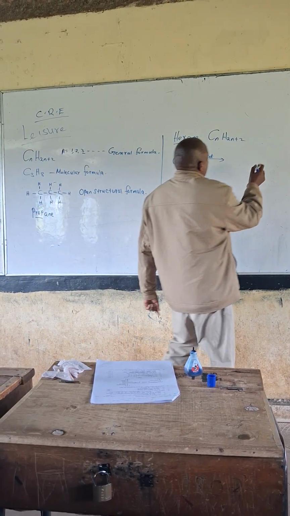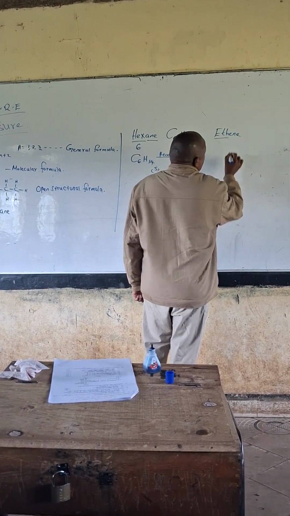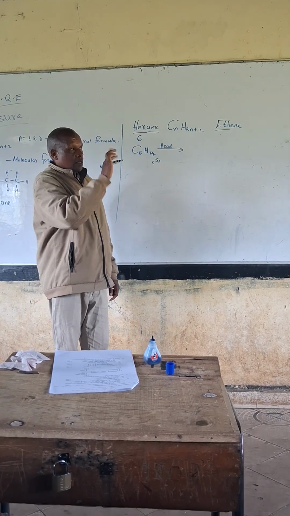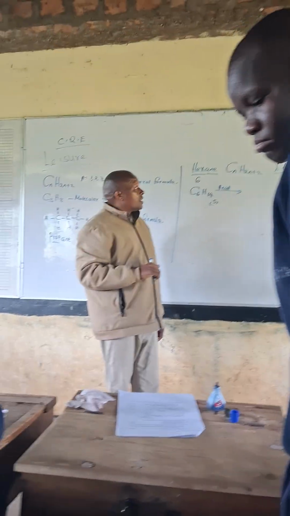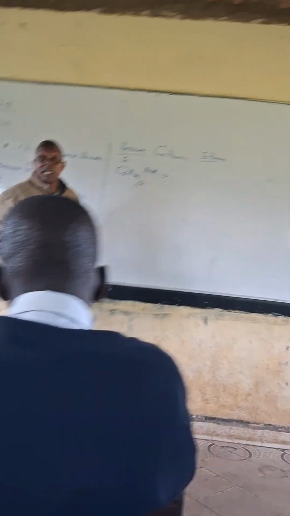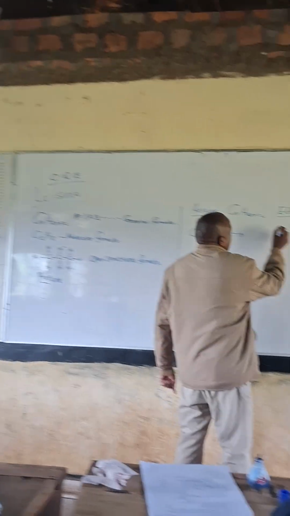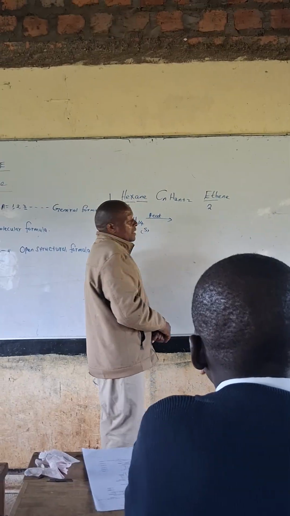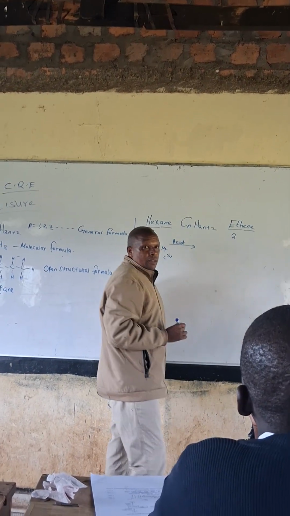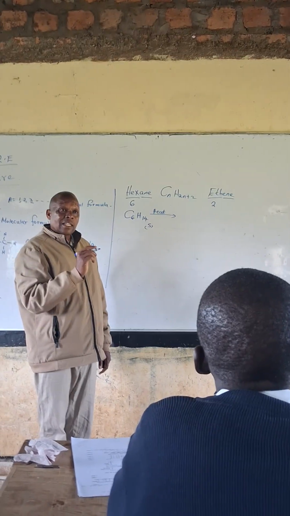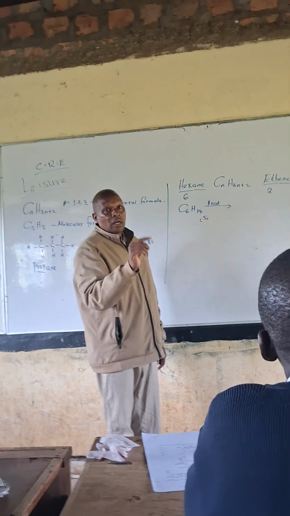So, ethene. What is the prefix? Eth. Eth is the prefix for how many carbon atoms in the structure? 2. And then the suffix is ene. That suffix ene indicates that we have at least one carbon double bond.